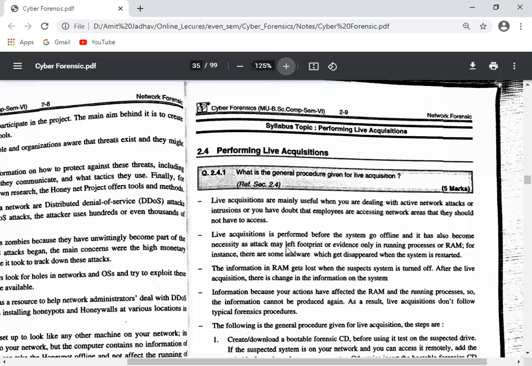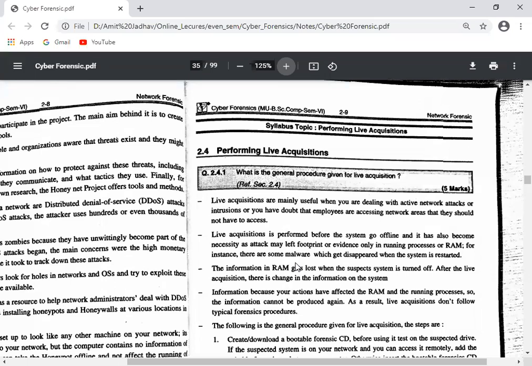Live acquisition is performed before the system goes offline, and it has become a necessity as an attack may leave footprints or evidence only in running processes or RAM. Whenever an attacker performs an attack like DDoS, distributed denial of service, we cannot use our internet because the system goes down.